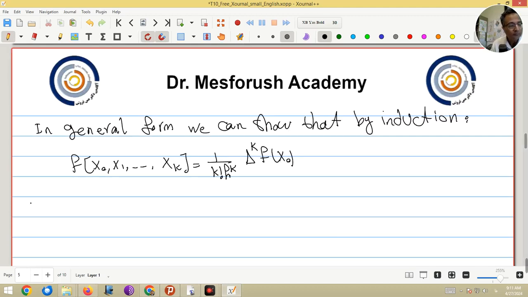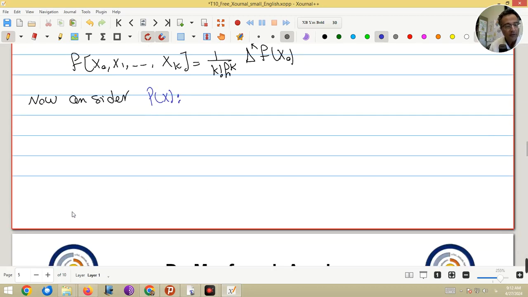Now, consider the Newton polynomial. Consider p of x. Now, consider p of x0 plus sh.